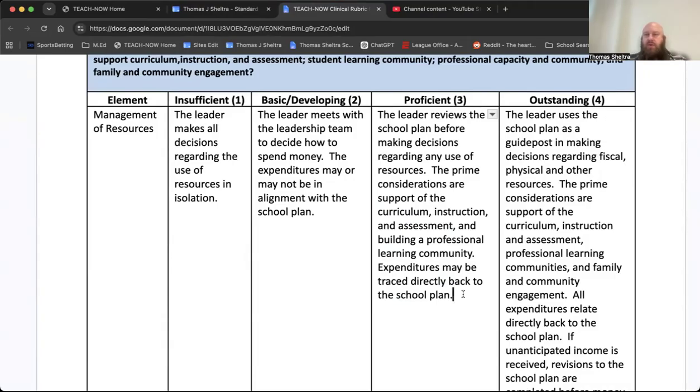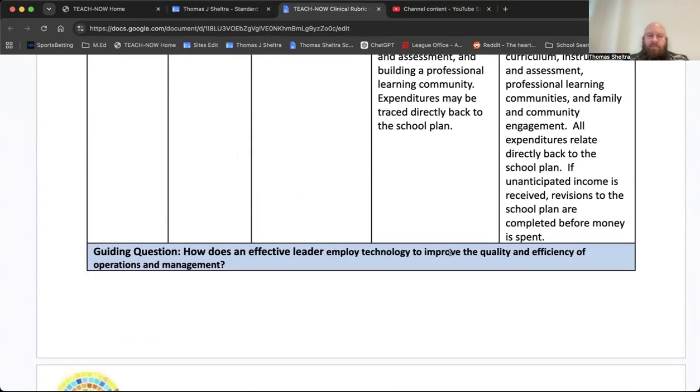And then utilizing and allocating those resources that go into the school improvement plan priorities. I think those are pretty good artifacts that showcase the proficient here.